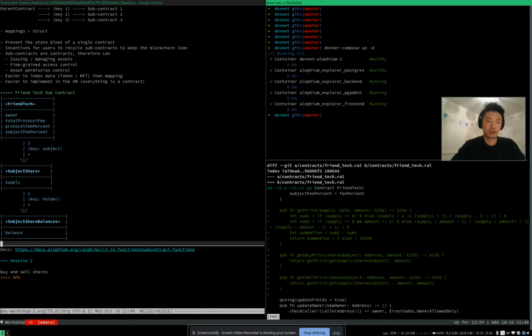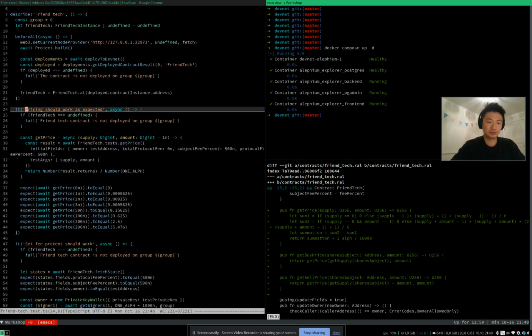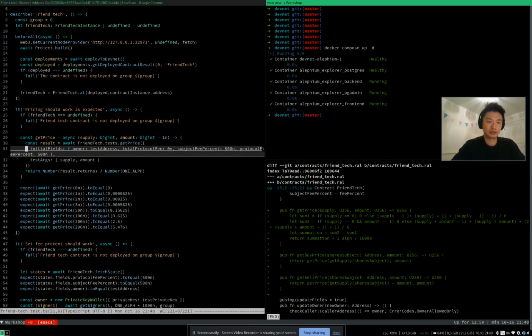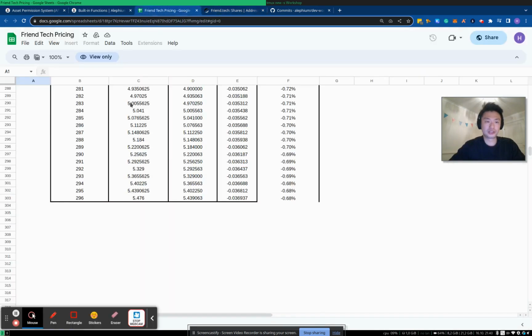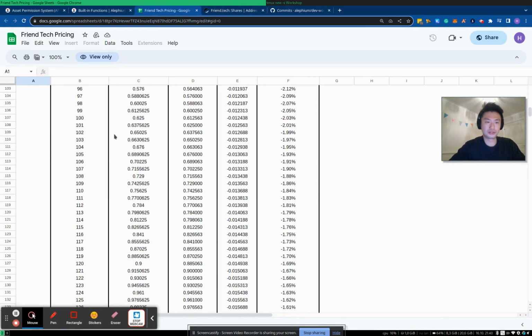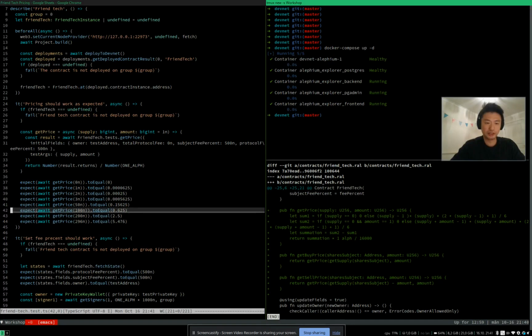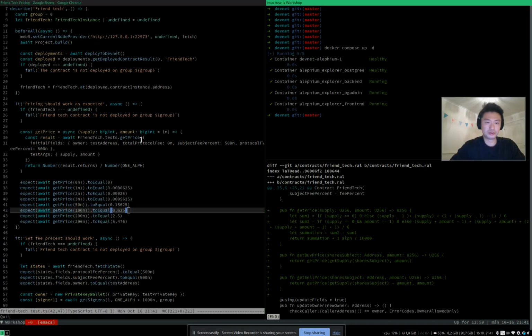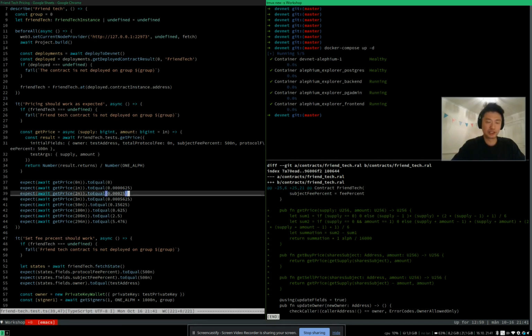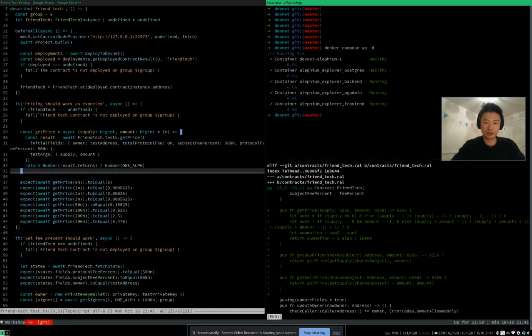We also wrote tests for this. As you can see here, get price for 0 is 0, and 100 is this. If you go to the spreadsheet, you can see the value for 100 is 0.625, and for 296, it's 5.4. So if this test passes, then everything was implemented correctly.